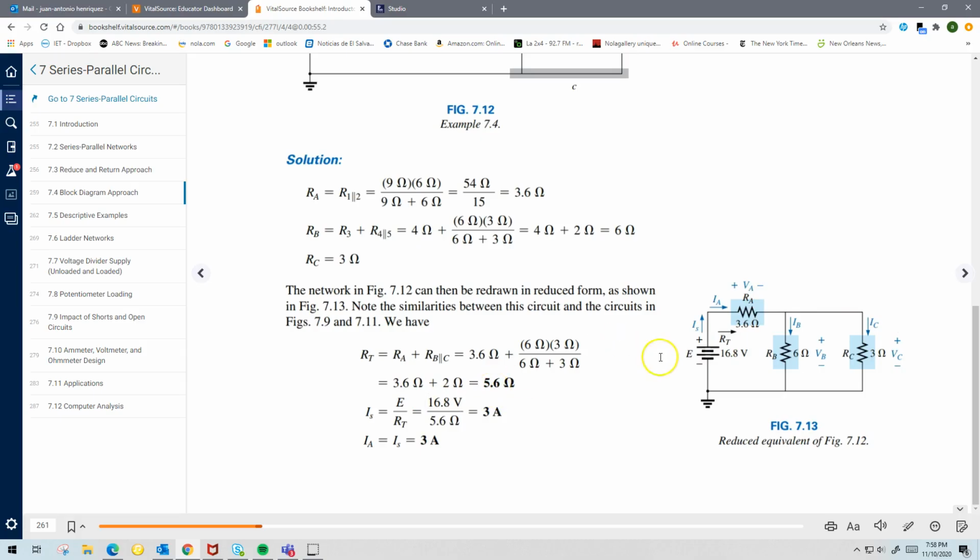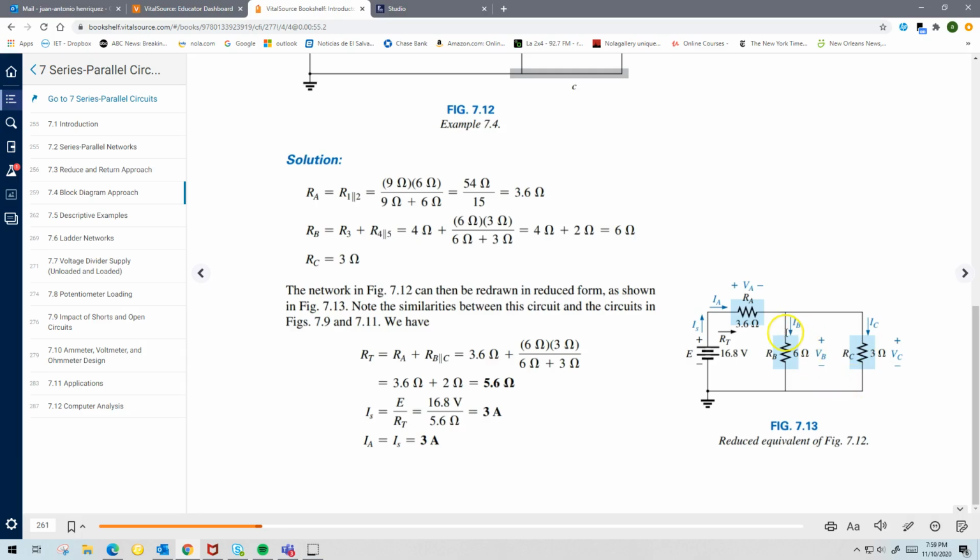And then using Ohm's law, the current will be 16.8 divided by 5.6, which gives you a total current of 3 amps. Now that you know the current is 3 amps, you can use current division to find IB and IC. I'm going to leave that for you to do on your own.